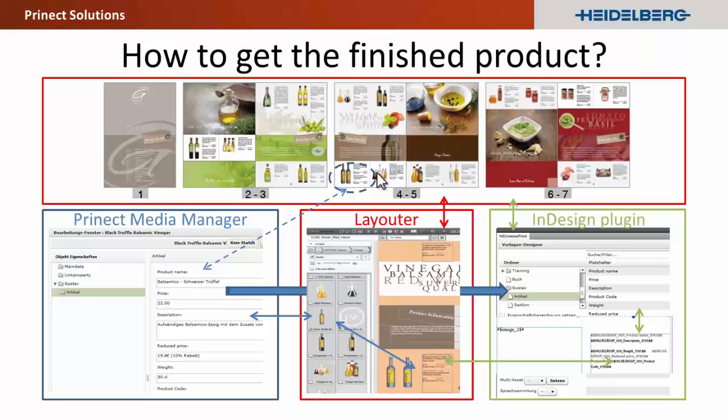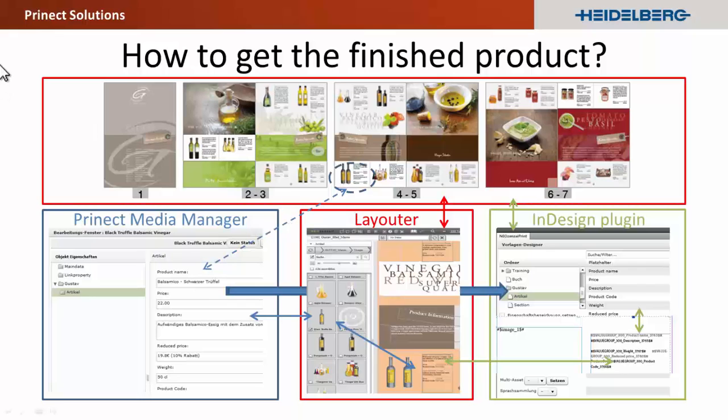And these articles have information behind it. There's maybe a description, a product name, and a price. And of course, this will always change from product to product or from every company. It depends if you're selling doors, lockers, delicacies, or whatever. But you can all run it with the same product with Prinect Media Manager, just the content will change.